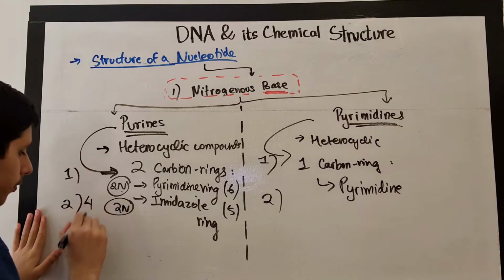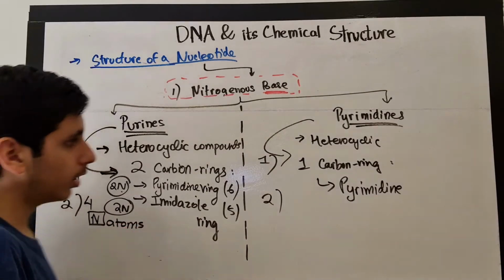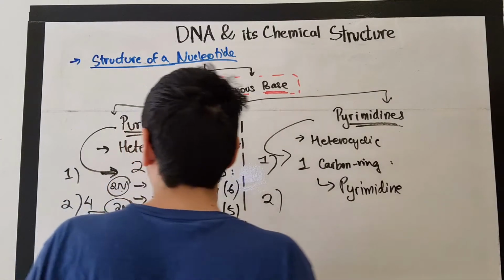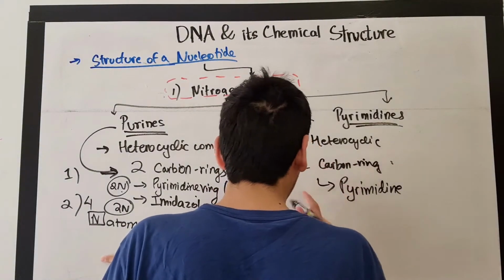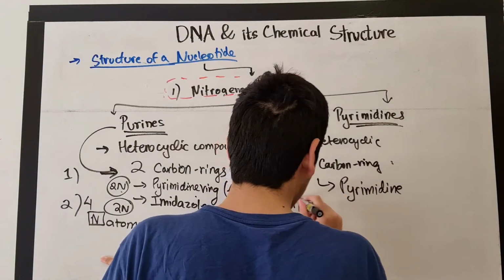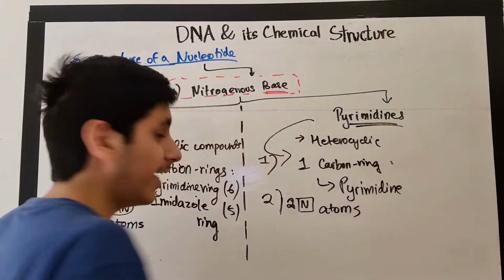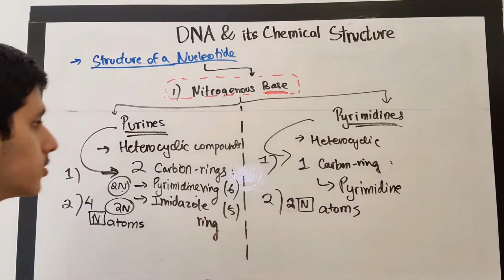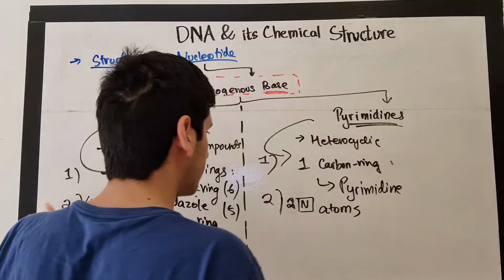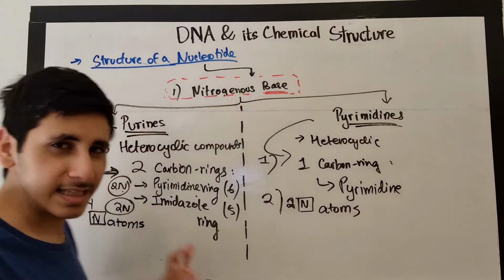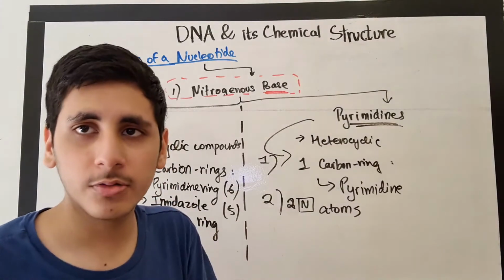So there are 4 N atoms in 1 purine compound, but just 2 in a pyrimidine, and that makes a big difference. These two differences can easily help us differentiate between a purine and a pyrimidine.